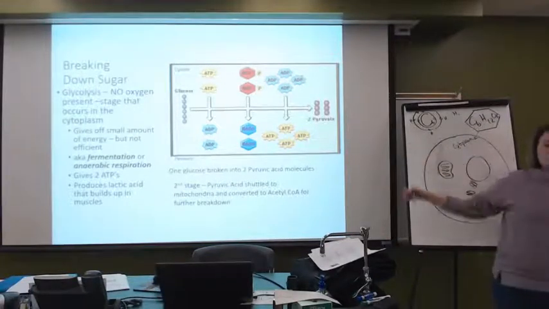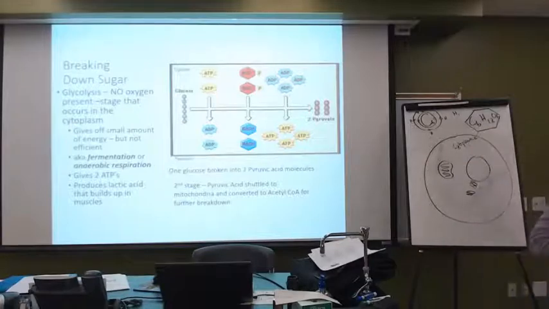Now, in that cytoplasm would be all of those little proteins that they represented in the video, and that glucose would simply begin to get changed around in structure. And as it gets changed around in structure, it would give me 2 ATPs.